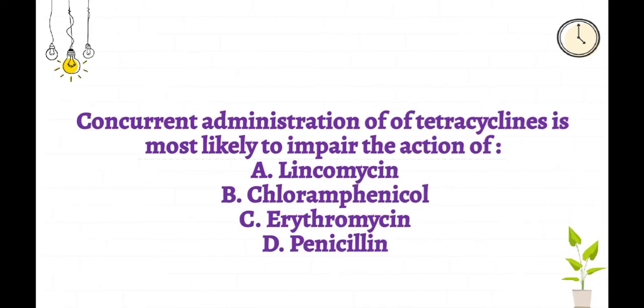Next question. Concurrent administration of tetracycline is most likely to impair the action of. It's a logical question actually. Option A lincomycin, option B chloramphenicol, option C erythromycin, option D penicillin. We will not use which antibiotic along with tetracycline and why?